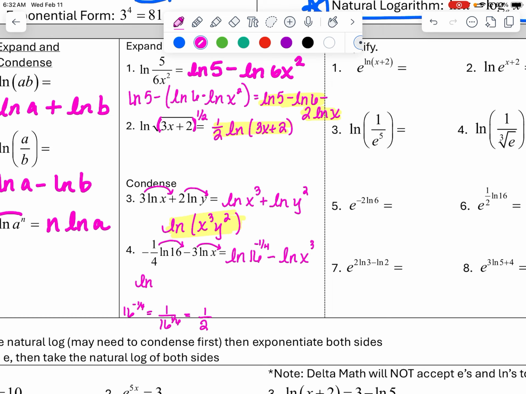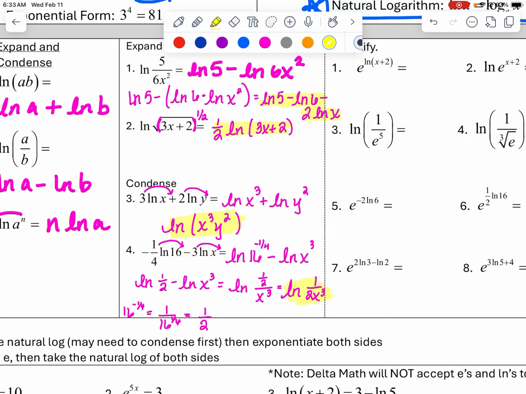So this is natural log of 1/2 minus natural log of x to the 3rd. When we are subtracting 2 logs, we can condense them together with division. So natural log of 1/2 divided by x cubed, which we can write as natural log of 1 over 2x cubed.